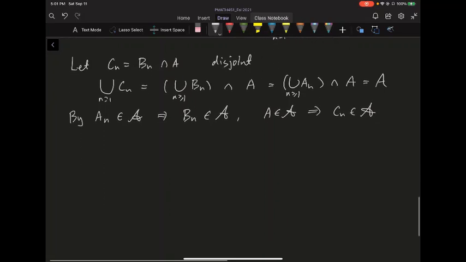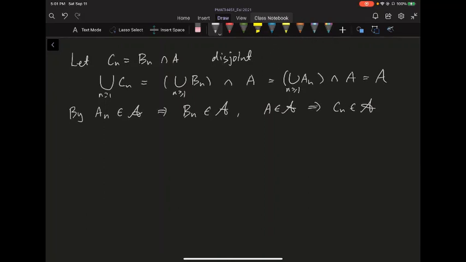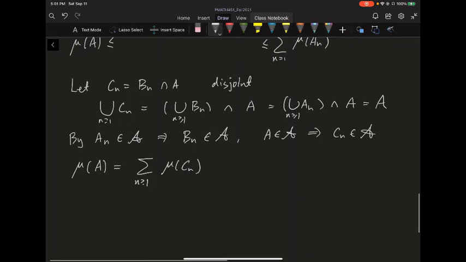So because Cn is in the algebra, now A, being an element in the algebra, is written as a countable union of these C. So we have that mu of A is equal to the summation of mu of Cn. That's by the definition of a pre-measure. And now what's our goal?